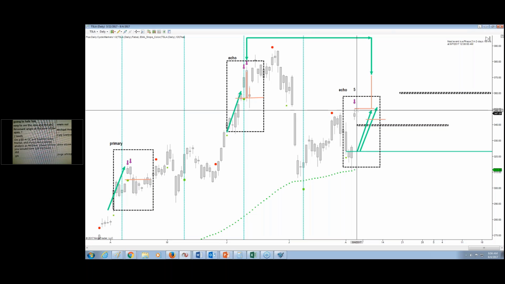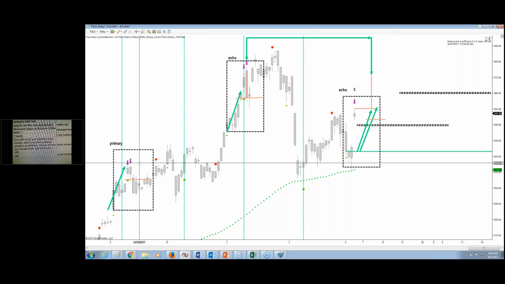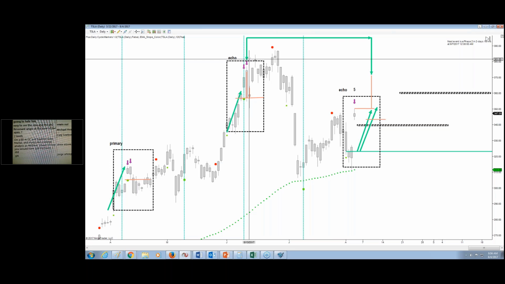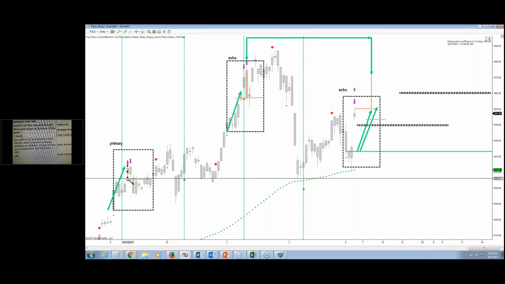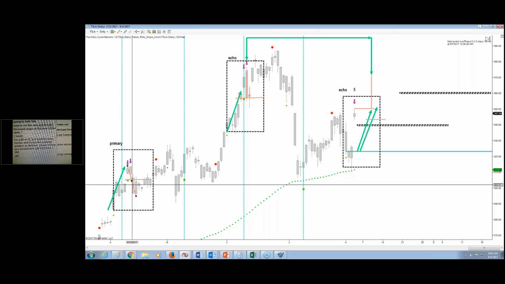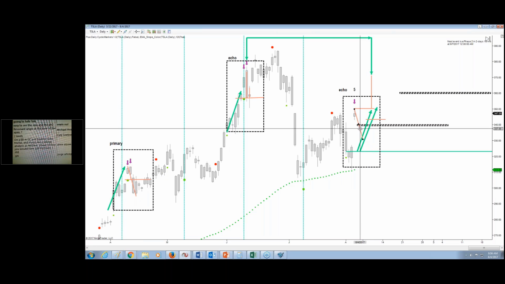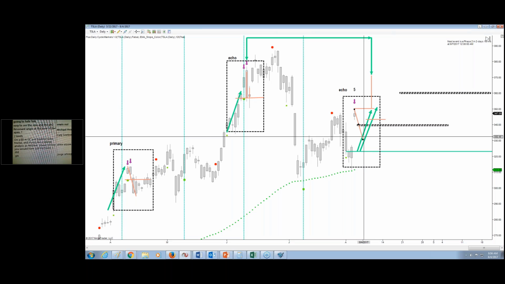With our exertion analysis, we know that we're here. So if it's this pattern, if it's the primary, it will drop that far off of the high, which takes us down to 330.